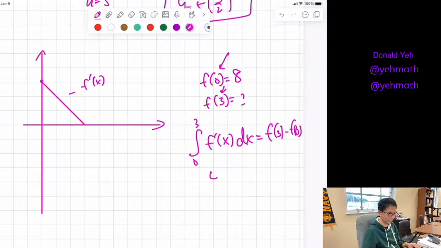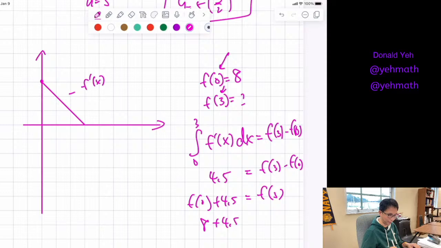This is 4.5, which is equal to f of 3 minus f of 0. And I move the 0 over. So f of 3 is equal to f of 0 plus 4.5, which is 8 plus 4.5, equal to 12.5.